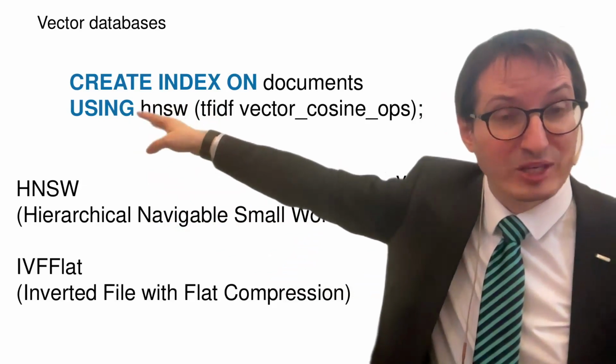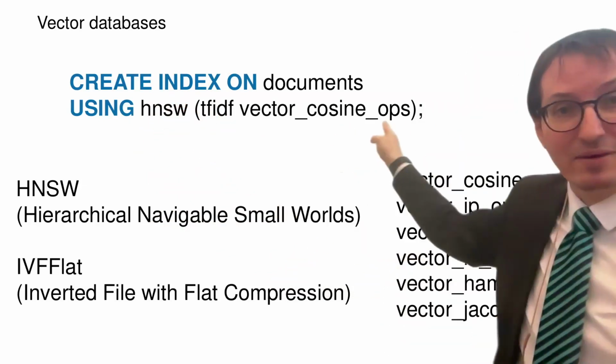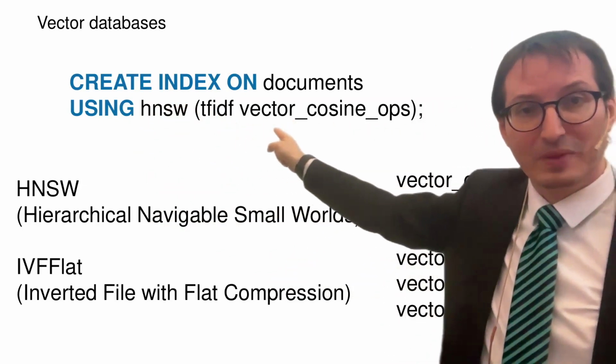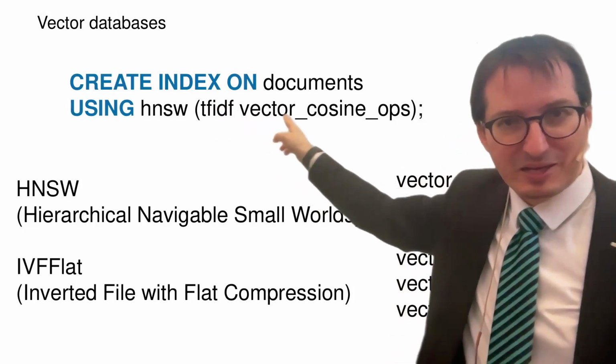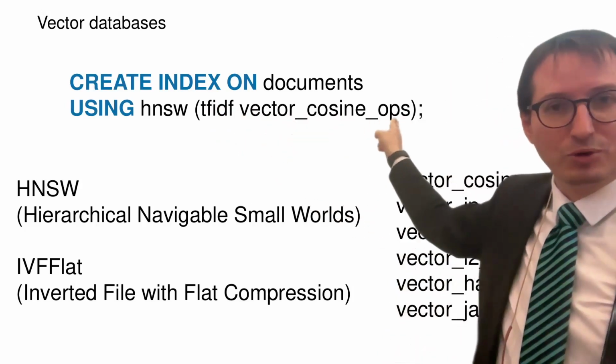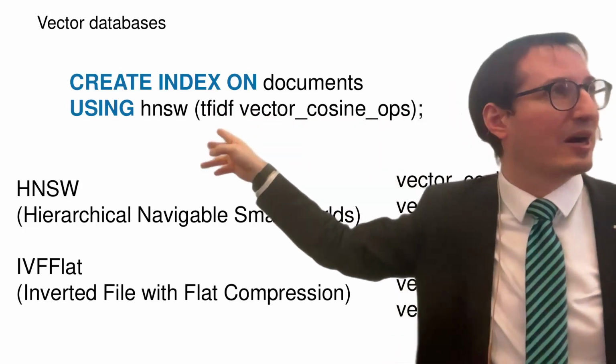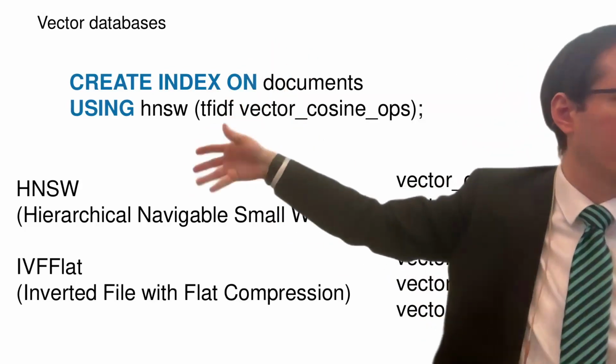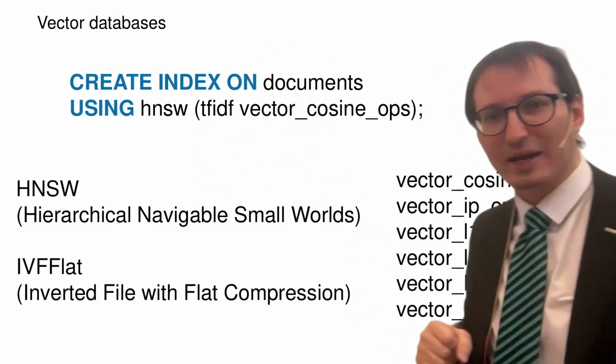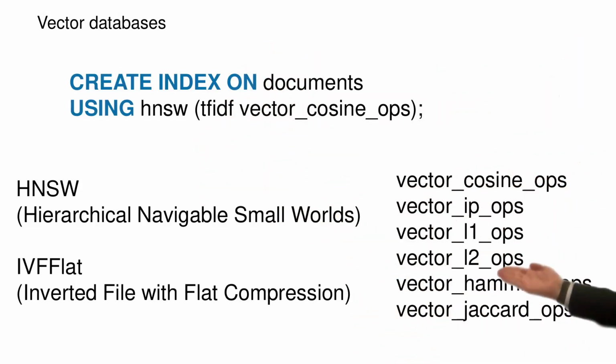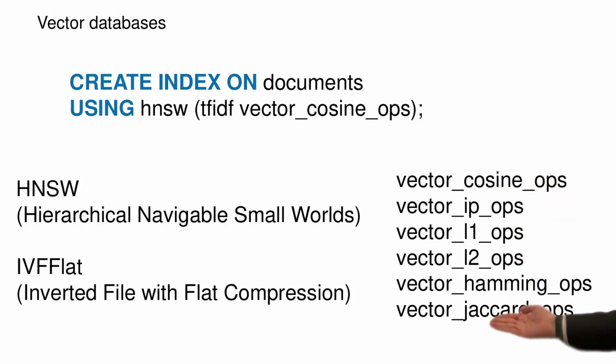So you say which kind of index you want, and then the column that you want to index, and then the operations that you want to index on. So you remember you can have the L2 distance, the L1 distance, the cosine, Hamming, Jaccard, and so on. And so you have plenty of them to pick from, depending on what you want to index on.